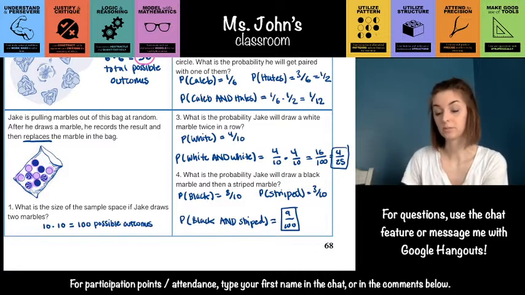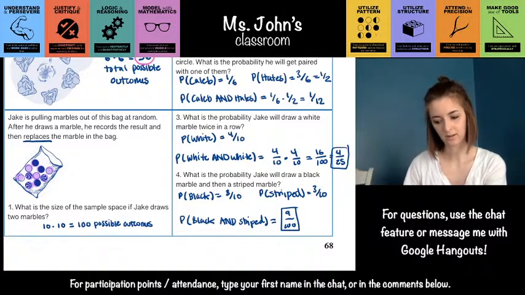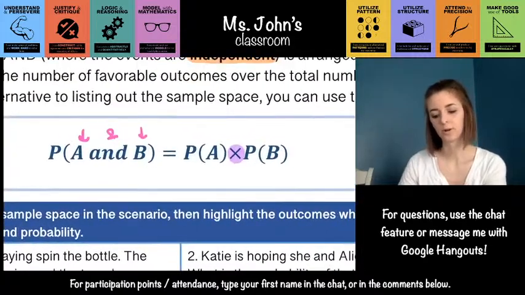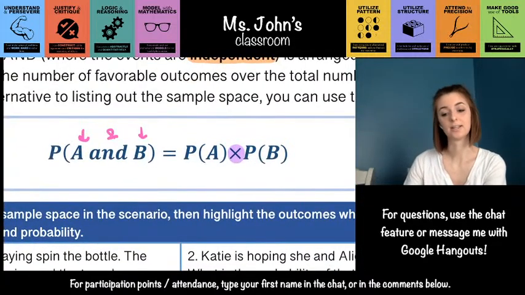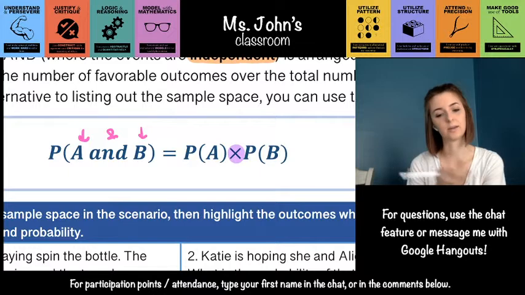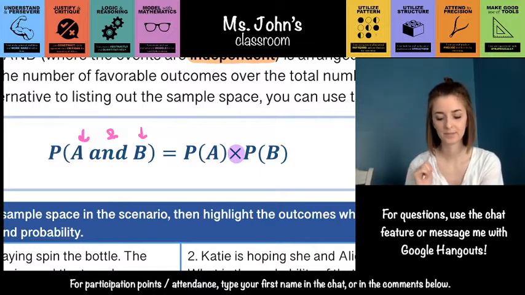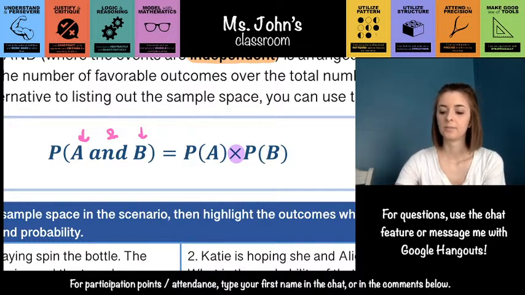100 total possible outcomes. So again, the reason that we're multiplying those two things together is because of this formula. We're just multiplying the probability of event A, the first event, times the probability of event B, the second event. So we are just multiplying.